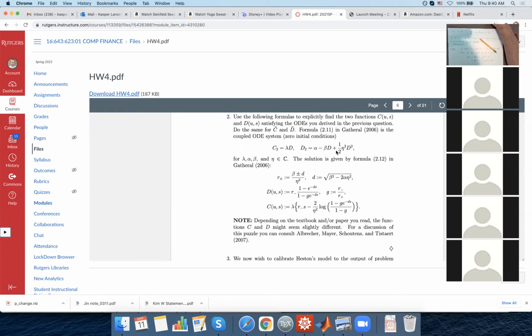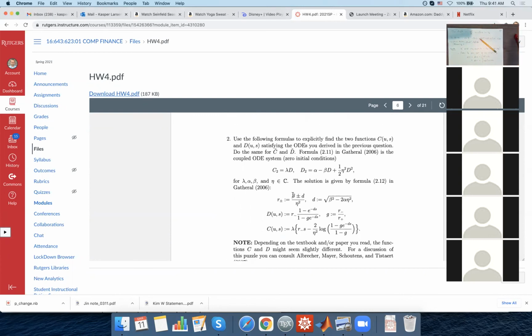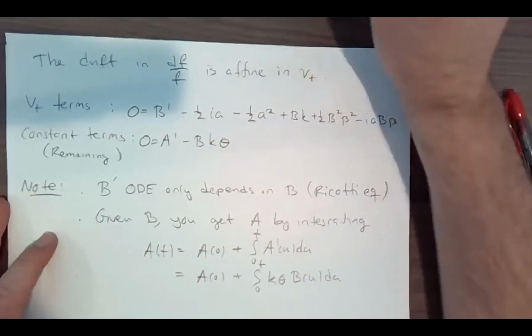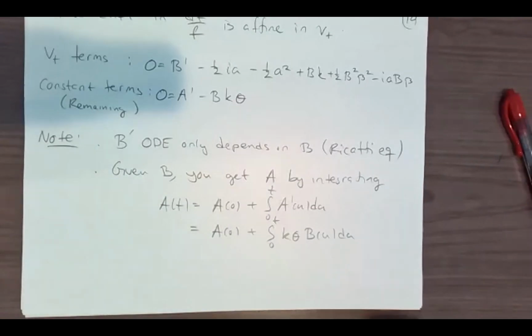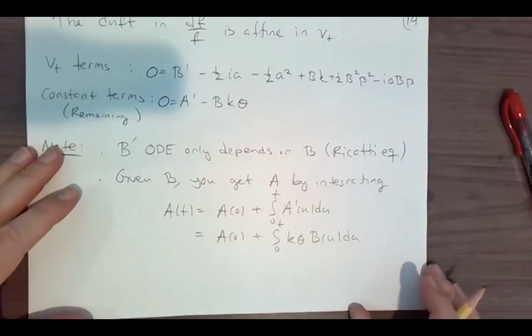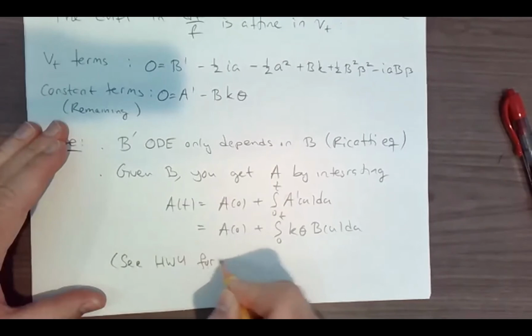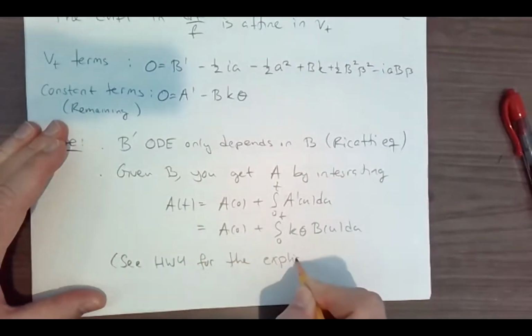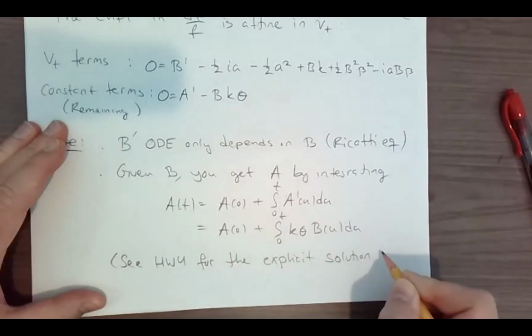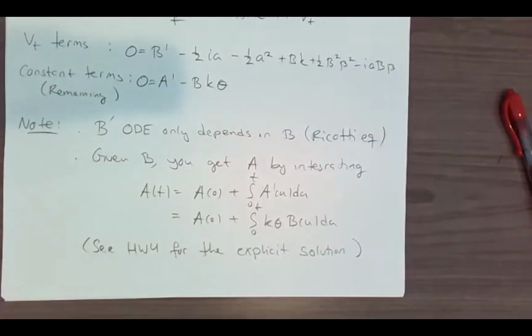This coupled ODE system has an explicit formula as its solution. So now you have at least one of the two phi functions, one of the two characteristic functions, in closed form. So here you can see the homework for the explicit solution. Are there any questions on this part?